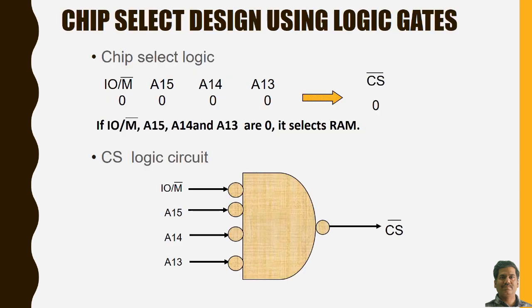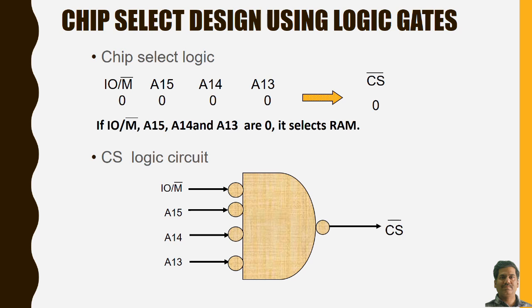The chip select design circuit is shown here. Whenever the IO M bar input output memory signal becomes low, as well as A15, A14 and A13 are 0, in that case that RAM IC should be selected, that is CS bar should be equal to 0. So one of the logic circuits for this chip select design is shown in front of you.